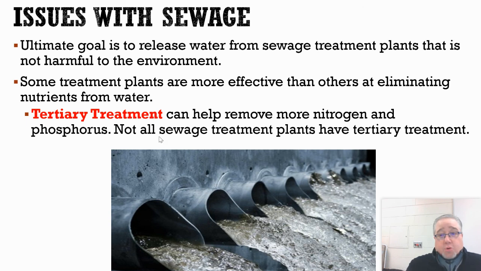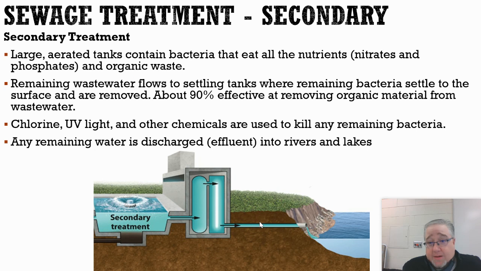One thing about sewage treatment plants is some of them are more effective than others at eliminating things like nutrients, for example nitrates and phosphates, from the water. Some plants have what we call a tertiary treatment. The tertiary treatment is an additional treatment that helps remove some of those things. So some are more effective than others.